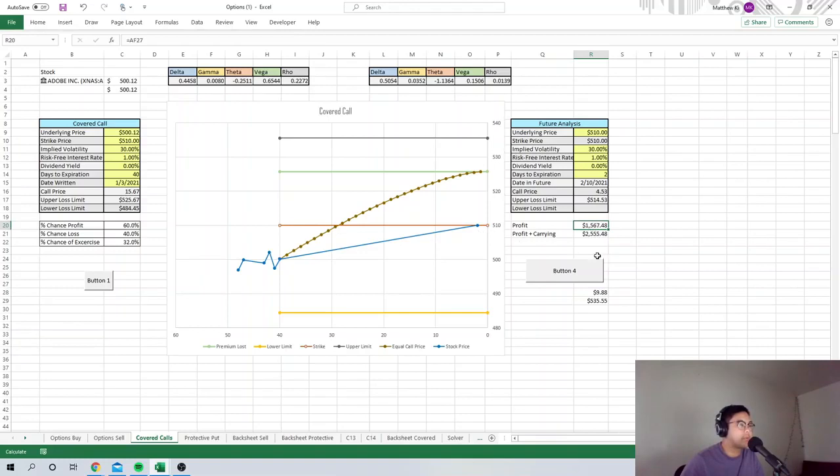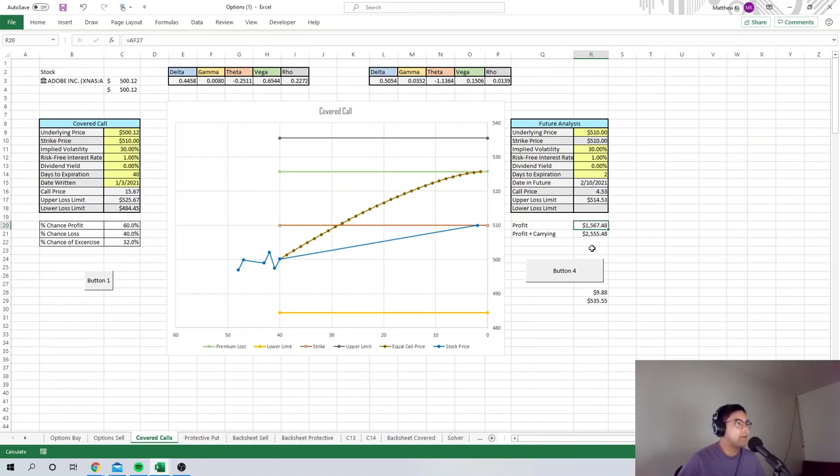Then you'd be making this much money, right? But you also make this much money in a different way of seeing it, because when you're holding an option, you're also holding the stocks. You're also making profit off the stocks too.